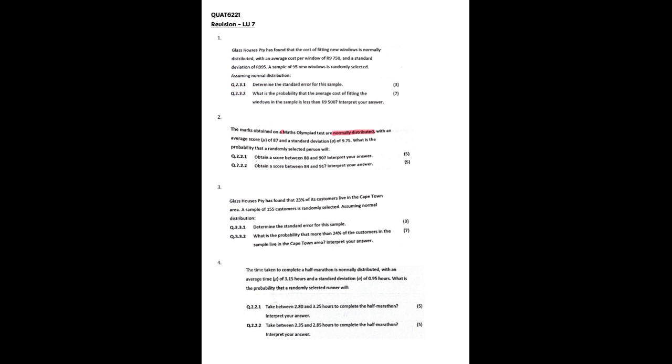And then they said it's with an average score of 87. So that average goes down the center. Here's 87 here. That's your population value. And a standard deviation of 9.75.